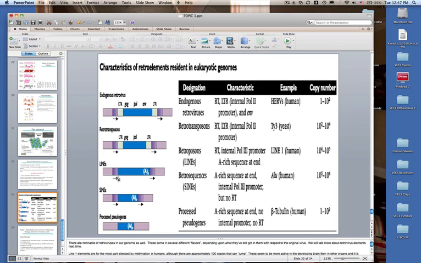So the regions where the jumping would occur, where we would excise ourselves, are silenced in most of the LINE and SINE material. But there is a set of LINEs called L1, which can still jump around. And there are about 100 copies that can still move around inside of our DNA.